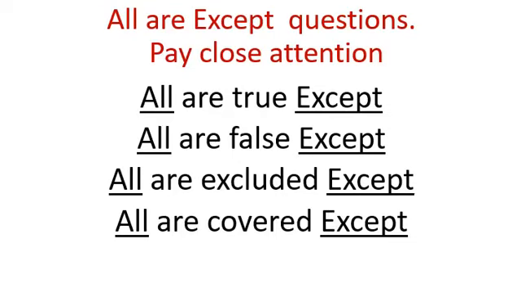So you just want to be careful when answering those all are except questions. You want to pay close attention, and sometimes it helps me if I rephrase that question so that I can understand it better. For example, if I get an all are true except question, I think to myself, okay, that means there are three answers in this question that are true, and there's one that is not true.